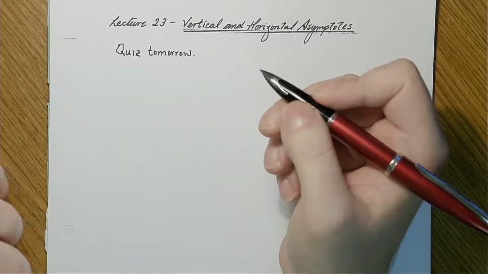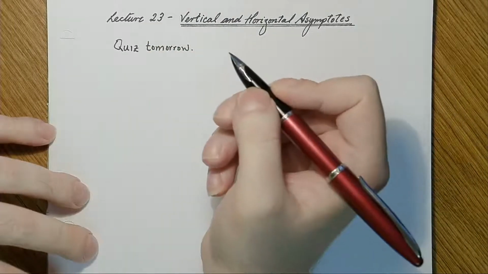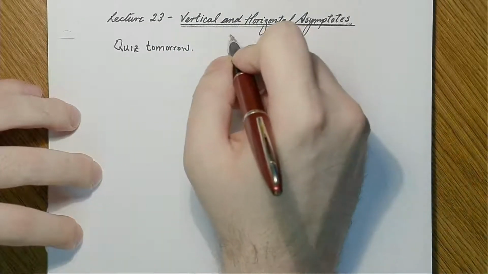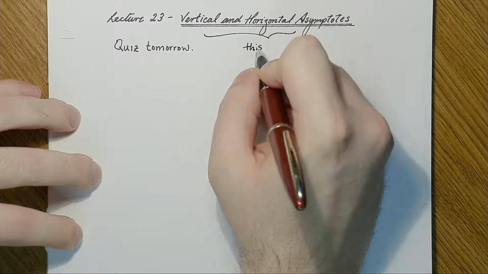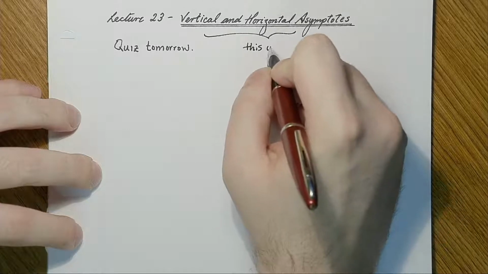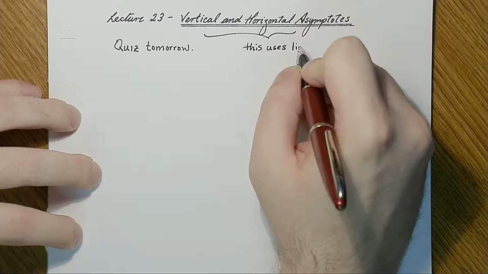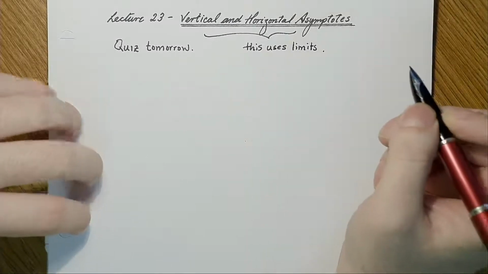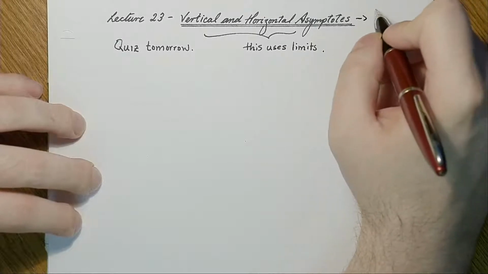Why, again, is it so important that we were going over this? This relies, or this uses, limits. And what ends up happening is this ends up leading to curve sketching.